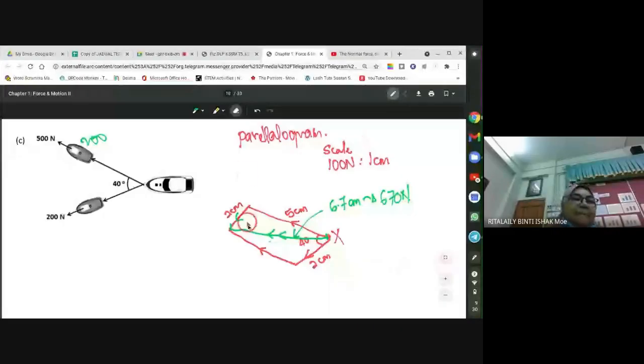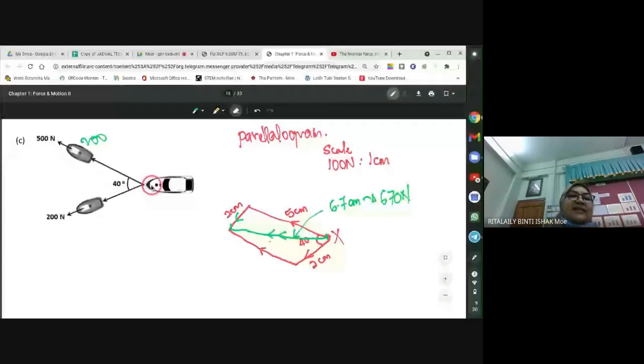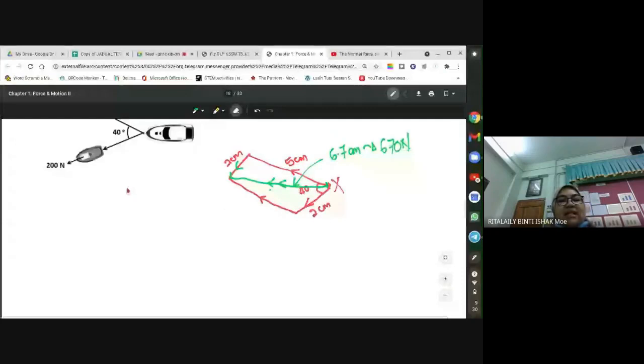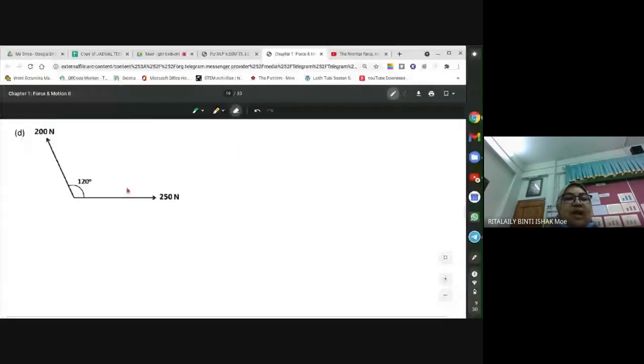We use the parallelogram if we have two forces exerted onto an object at a certain angle. Like for this question C. Same goes for question D. For question D, we have two forces, 200 Newton and 250 Newton, and the two forces are exerted onto an object at 120 degrees.